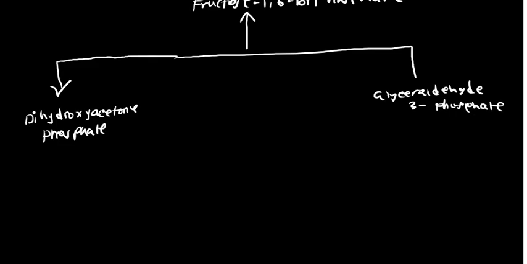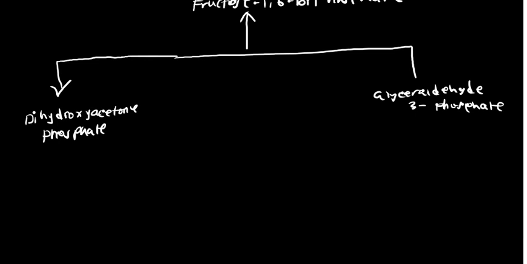So here there is need for this one, dihydroxyacetone phosphate, to be converted to another glyceraldehyde 3 phosphate, because this one cannot be used in the glycolysis.